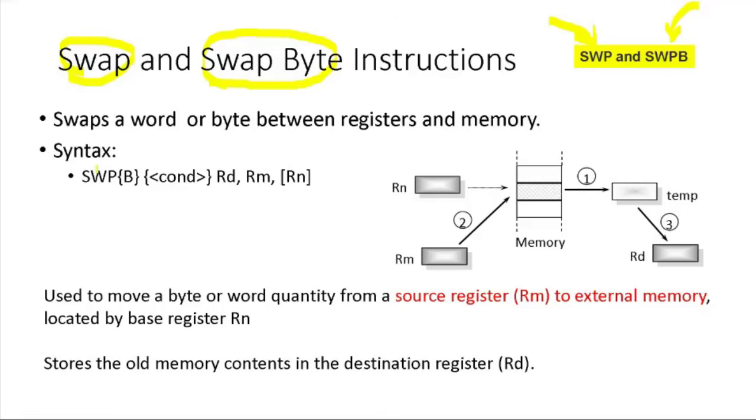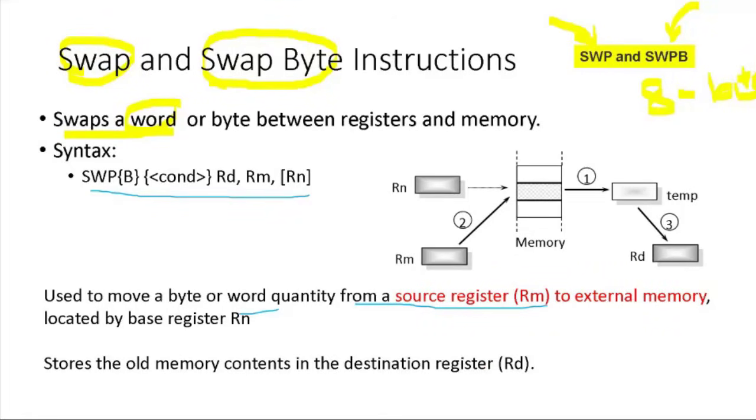So what is this swap instruction doing? It swaps a word. What is meant by word? In ARM processor, I told you, 32 bits. If you want to swap 32-bit content, then we'll be using this swap instruction. If you want to swap bytes, byte means 8 bits, swap byte. It will exchange the byte value between the register and the memory. It is used to move a byte or word from the source register Rm.